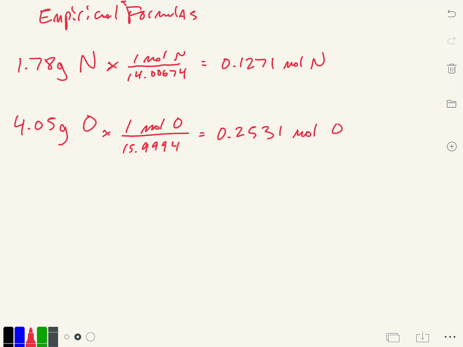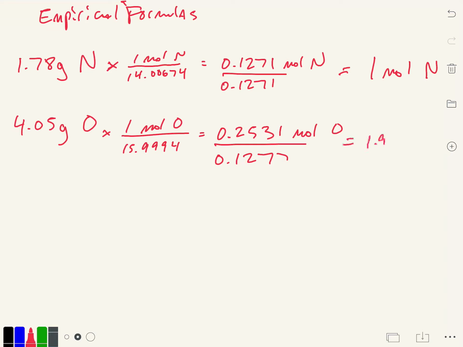Now the next step is that we divide by the smallest number. In this case, it looks like the 0.127 is the smallest. This has the effect of always giving us 1 mole of something that we can compare to other moles. So the smallest number divided by itself always gives you a 1. 0.2531 over 0.1277 is 1.98.